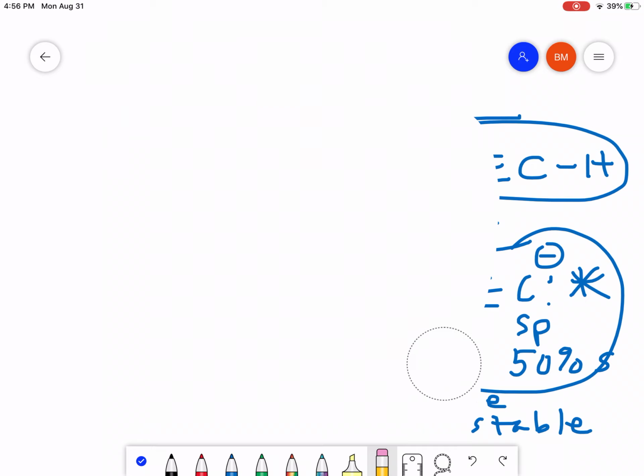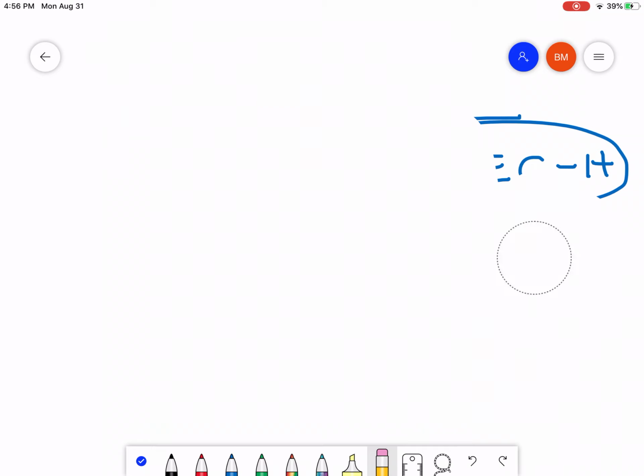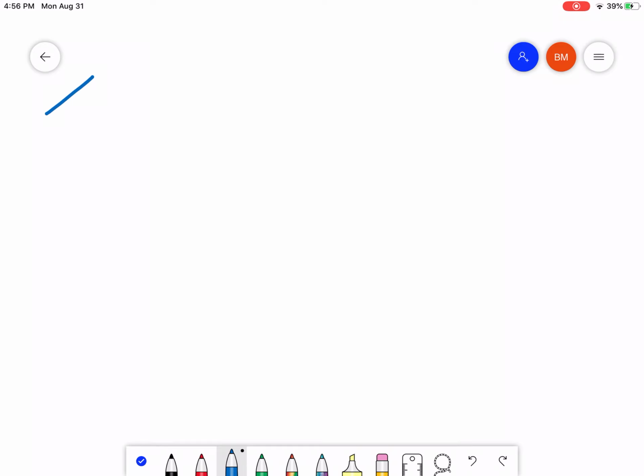Alrighty. Those are the 4 structural effects, right? Let's do an example where you have to consider more than one of these, all right? What we're going to do is we're going to take 4 compounds, and I'm going to try to space these apart so we can do them fairly easily.